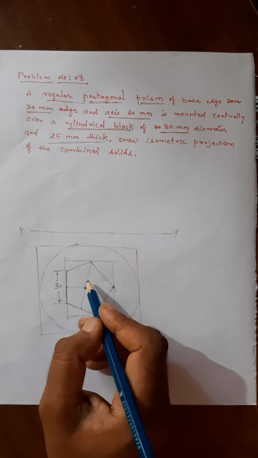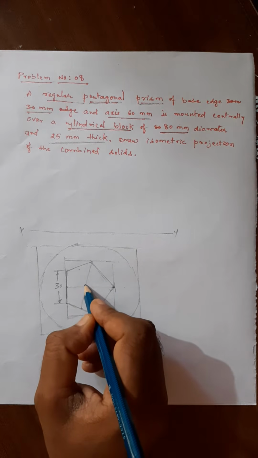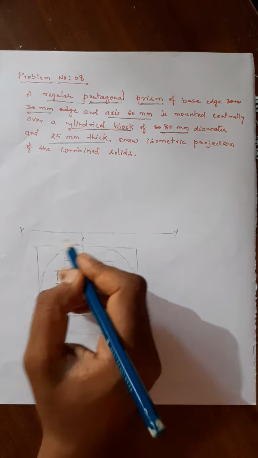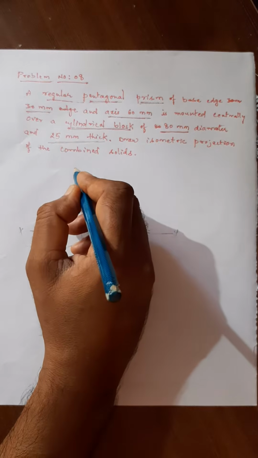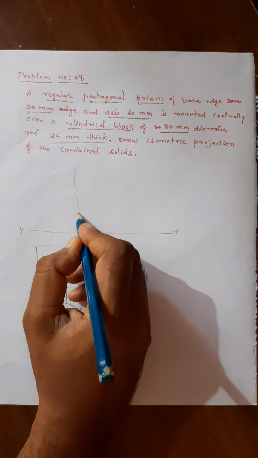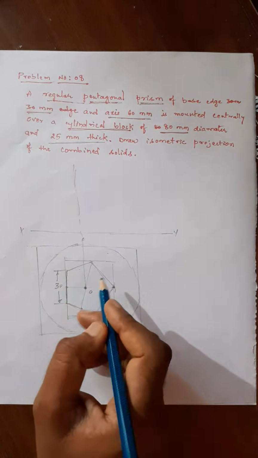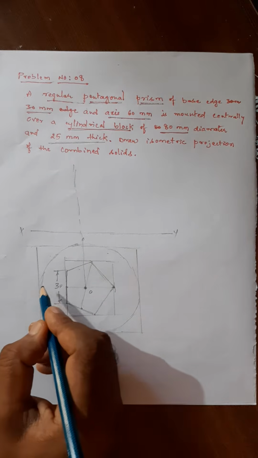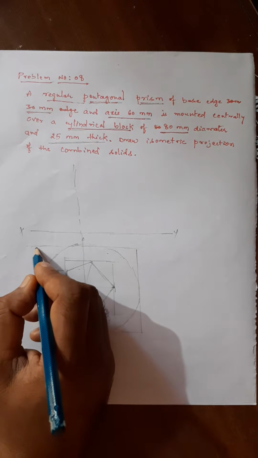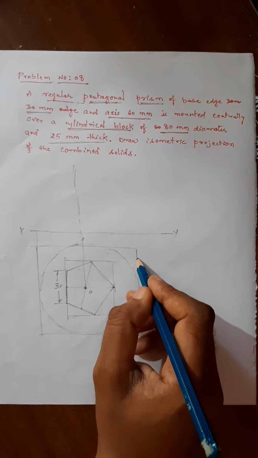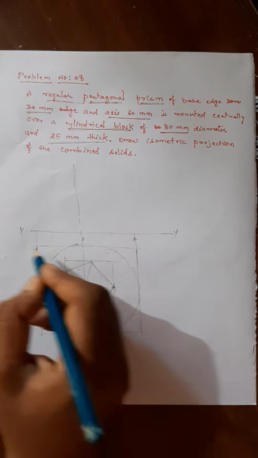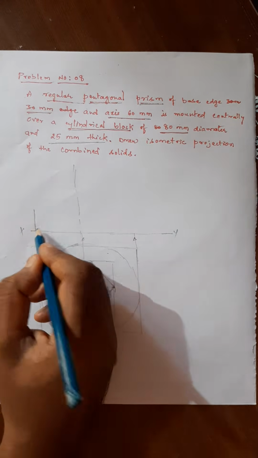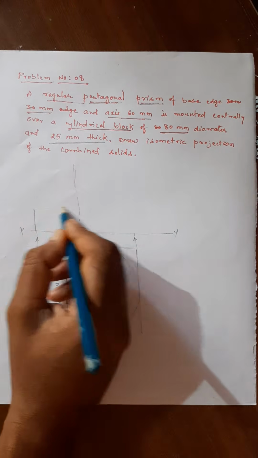Then draw the axis here, so this indicates the axis. Now this is the cylindrical block. The cylindrical block thickness is given, that is 25 mm.